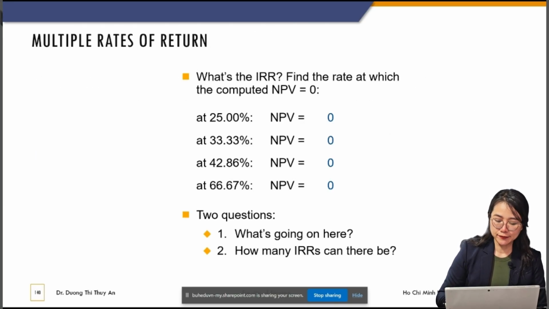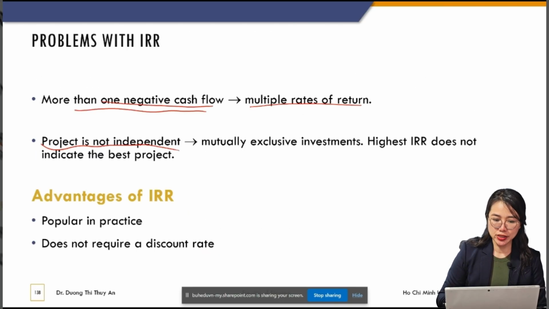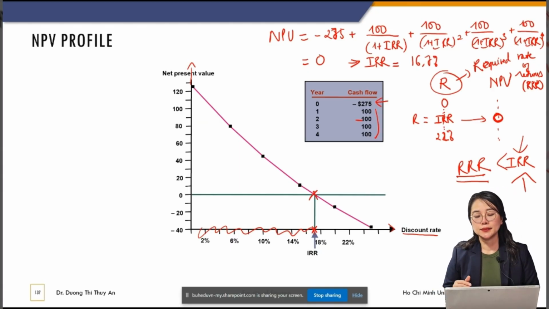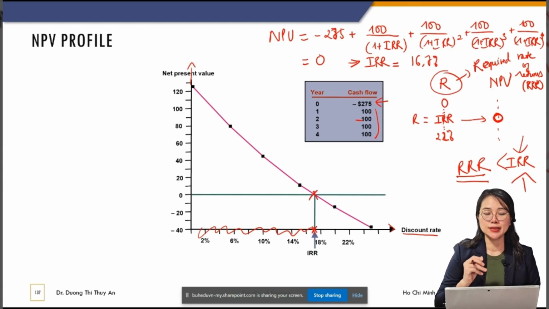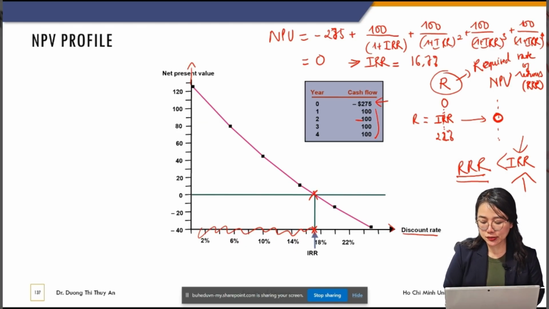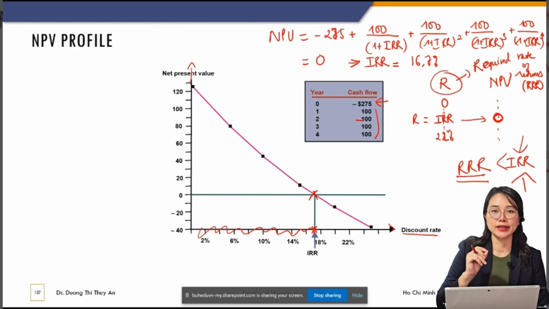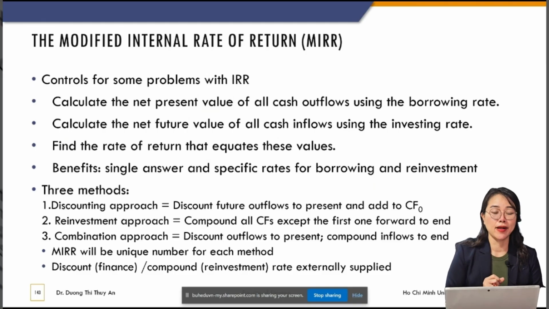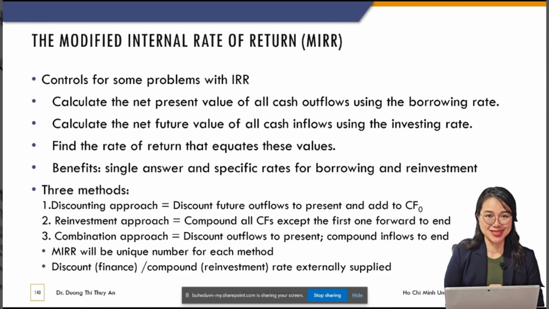So what if IRR has problems? What if the project has more than 2 negative cash flows, or what if we have multiple IRRs for one project? Then we have to move to the modified internal rate of return, MIRR, tỷ suất hoàn vốn nội bộ có điều chỉnh.